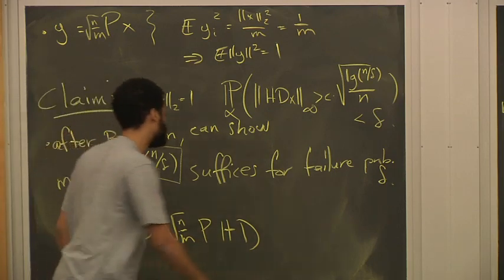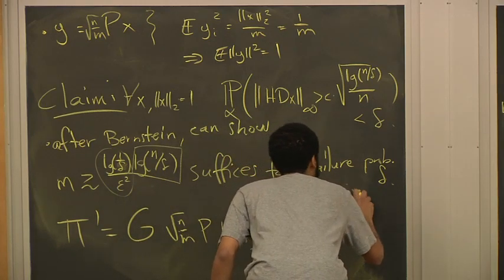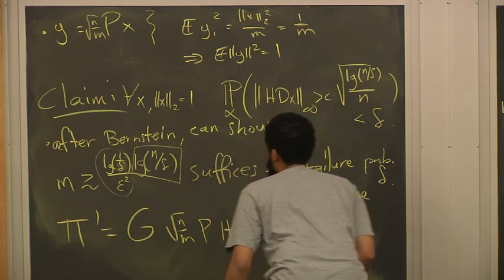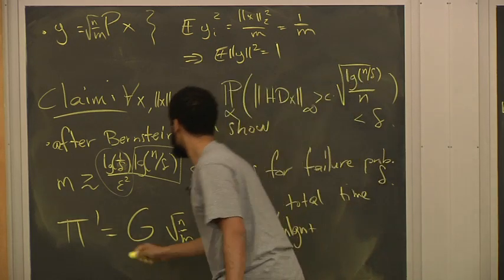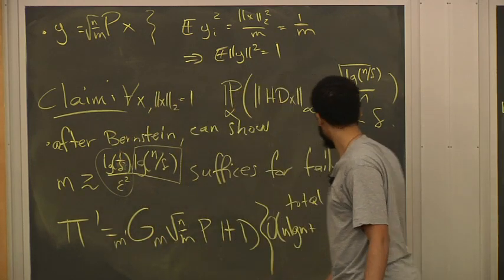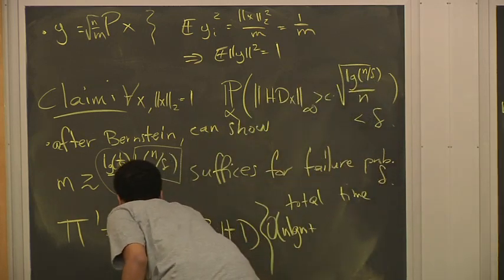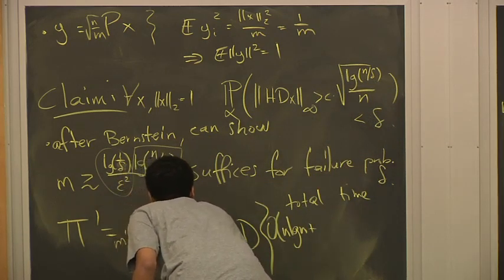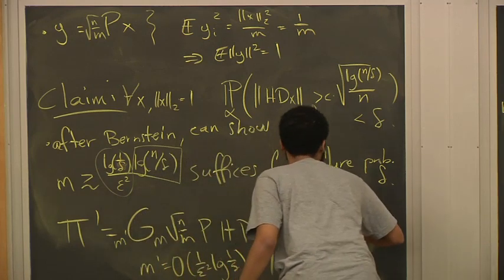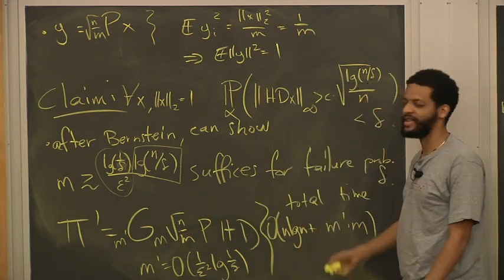So the total time is n log n plus the product, let's call this now m' times m, and m' is going to be the right thing. m' is going to be 1 over epsilon squared log 1 over delta. Or you could use sparse JL and save a factor of epsilon there.